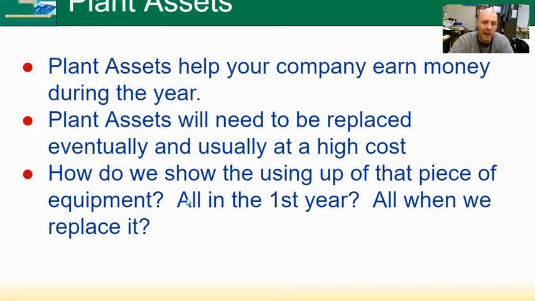Do we buy it and use up all of the value in year one? Do we buy it and use up all the value when we replace it? Well, neither one of those makes sense, because let's say I buy a lawnmower and it's going to be useful to me for 4 years. I want to record a small portion of the using up over each of those 4 years, not all of it in year one, not all of it in year 4.